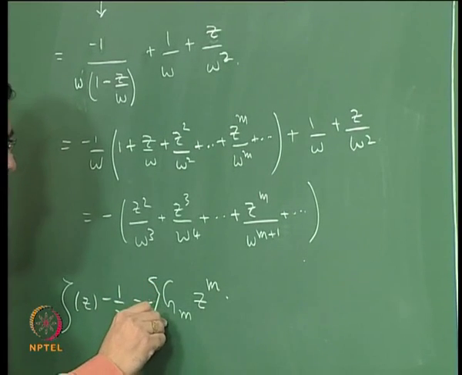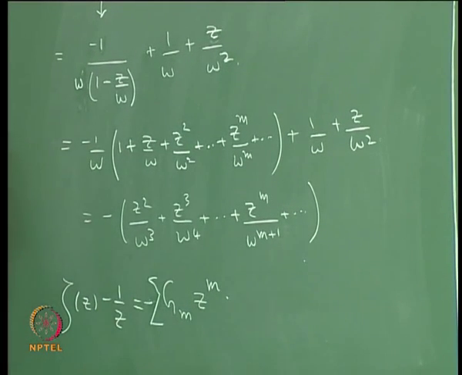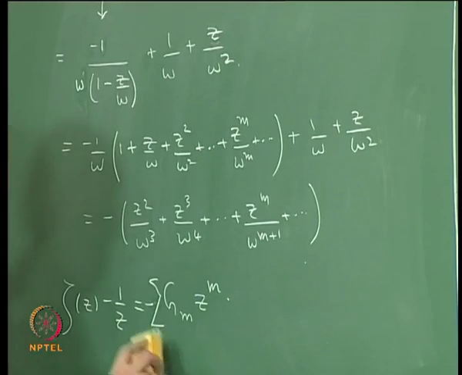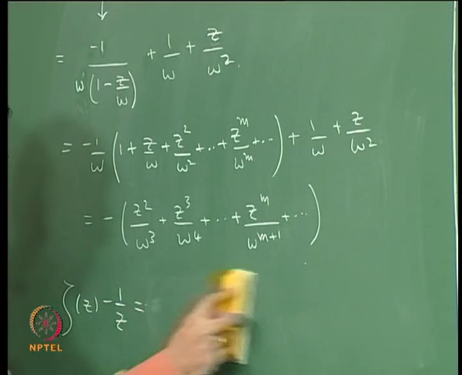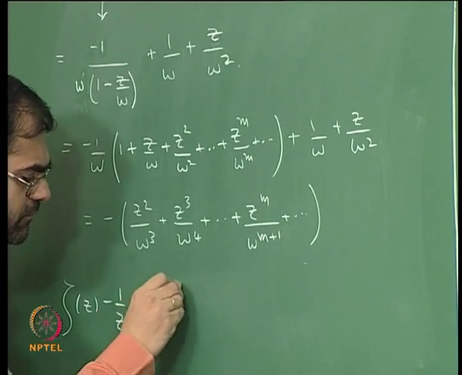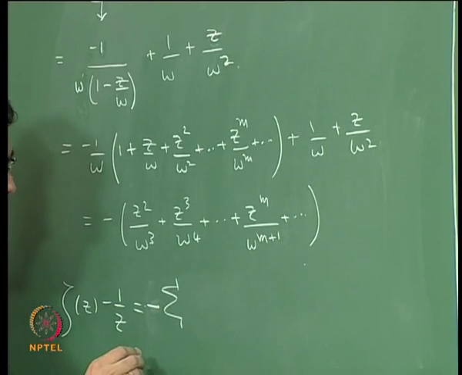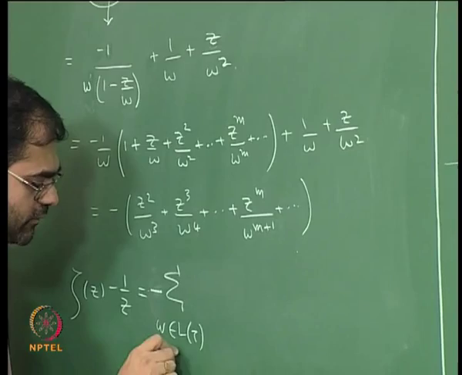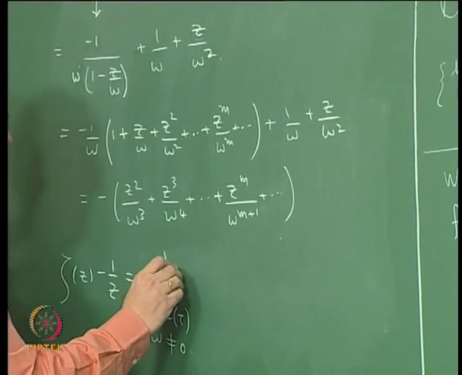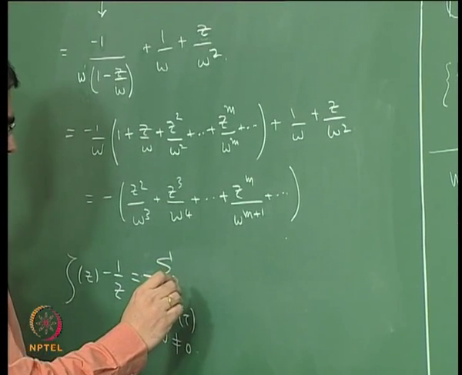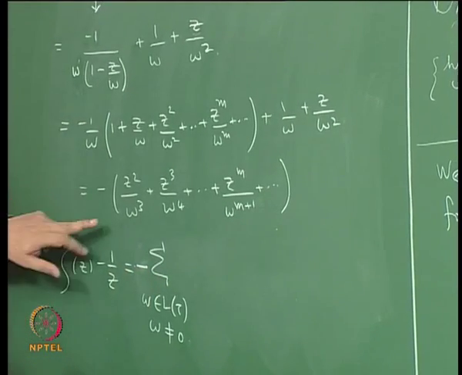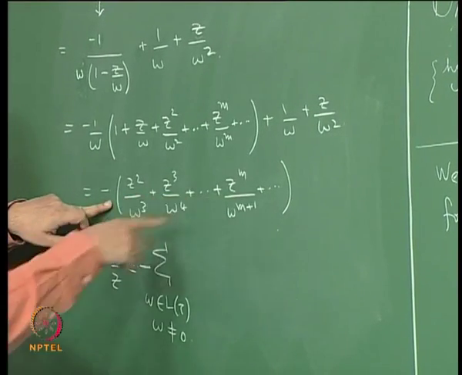So I am going to put a summation over, yes, let me write this clearly. So minus summation over omega in the lattice, omega not equal to 0, of terms like this.